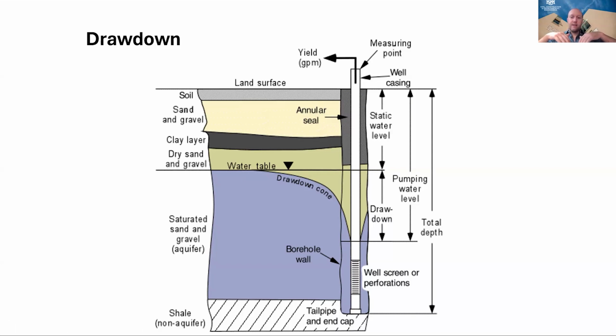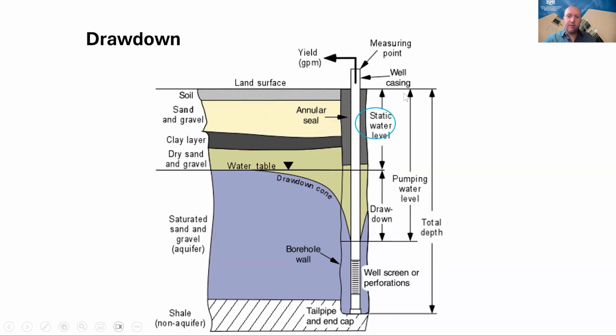The water table actually decreases in depth, or it goes down, as you get close to that well, because the water is being sucked from the aquifer up the straw, up that well. The difference between the water table, the level where the water would be naturally without the well, and the water level when the water is pumping is called drawdown.